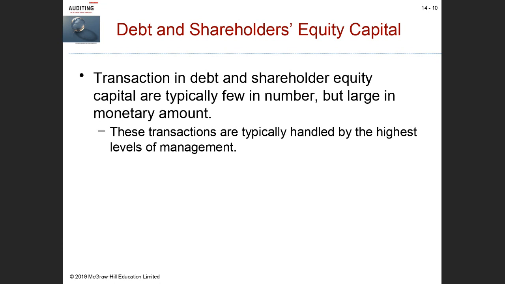Okay. The other aspect of this we've already mentioned, of course, the transactions are, because they are few in number and because they are large in dollar amount, typically managed by the most senior officers in the company.